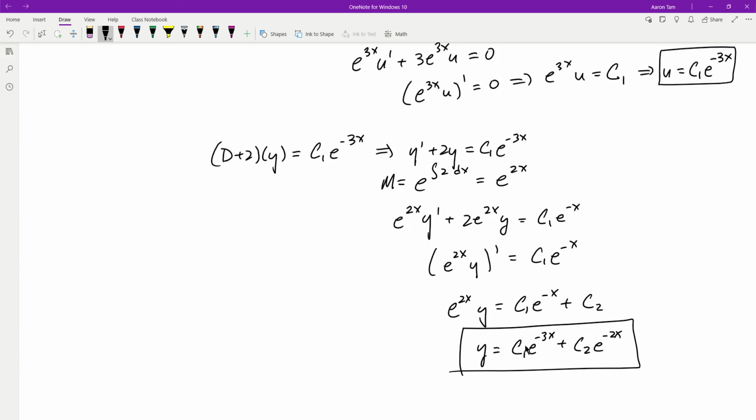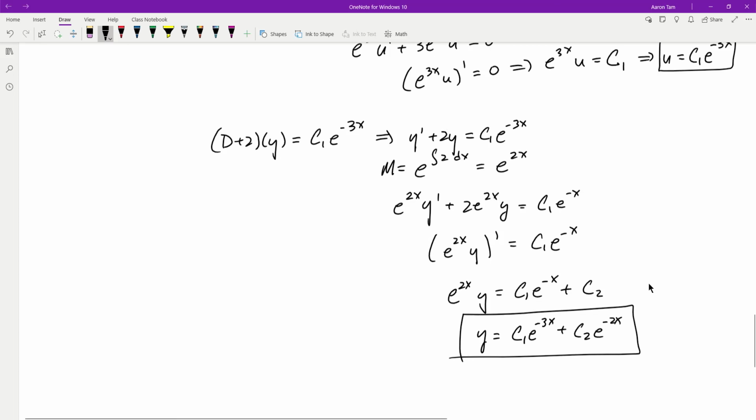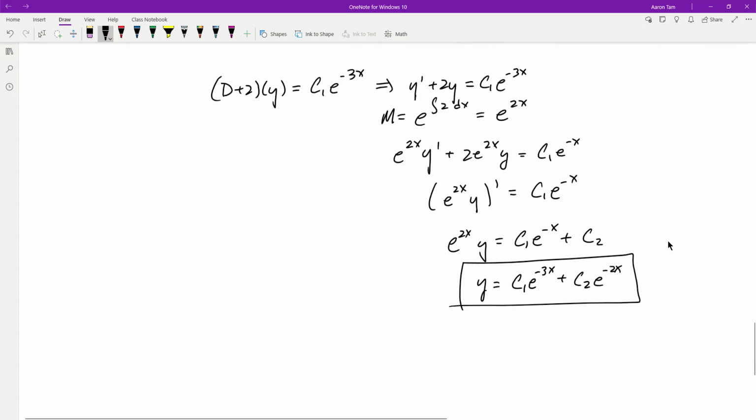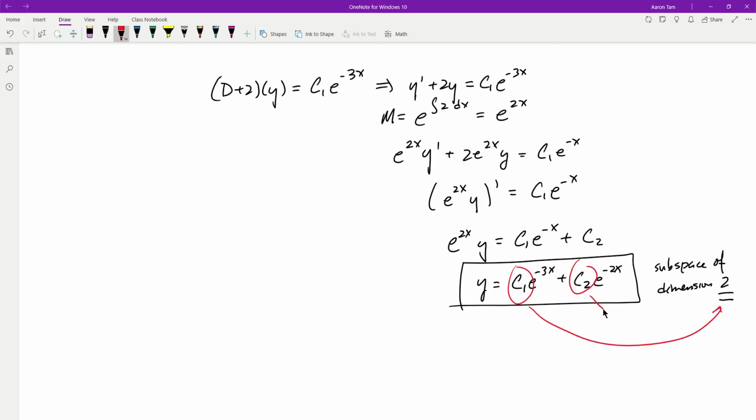And therefore, it's also important to understand that this function y actually forms a linear combination of the following two things, e to the negative 3x and e to the negative 2x. And since e to the negative 3x and e to the negative 2x are linearly independent, this actually forms a subspace of dimension 2, because of the fact that it has two arbitrary constants.